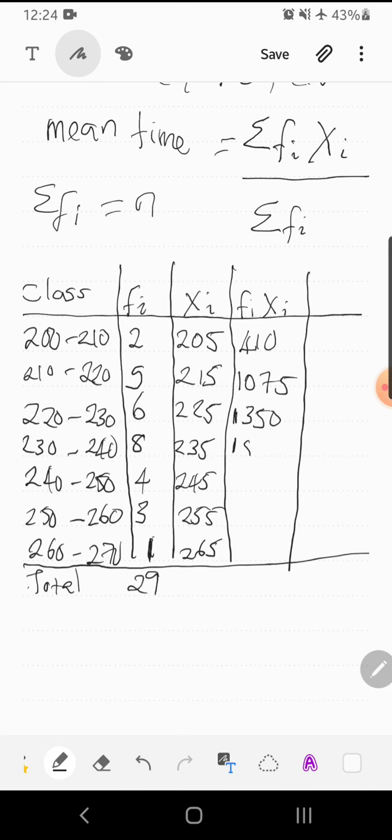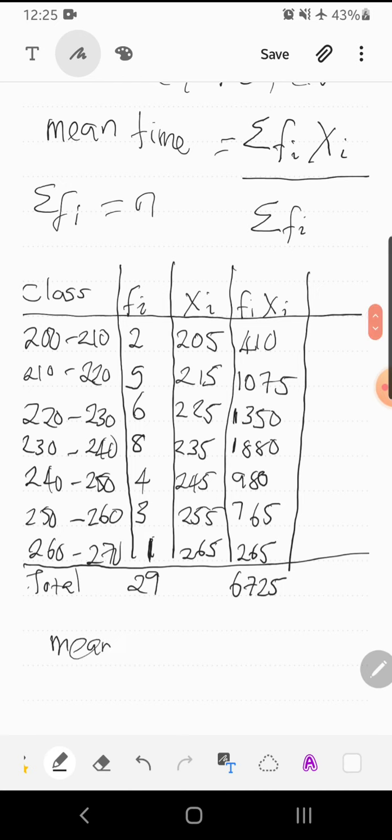There we have 1880. There we have 980. 765 and 265. Okay, remember we want the sum. The sum there is 6725.